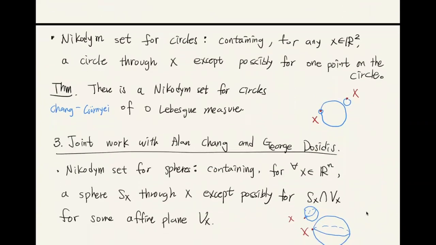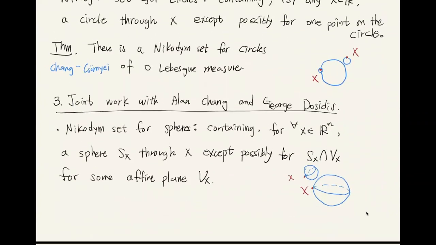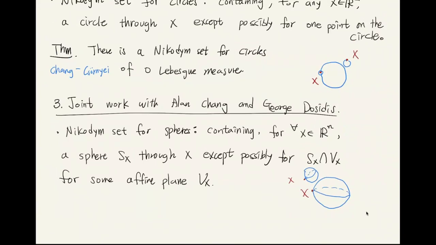Here you have taken circles and spheres. Instead of that, if you have polygons, for example, are those kinds of sets also studied? At least I can say that this result is available in a larger generality.